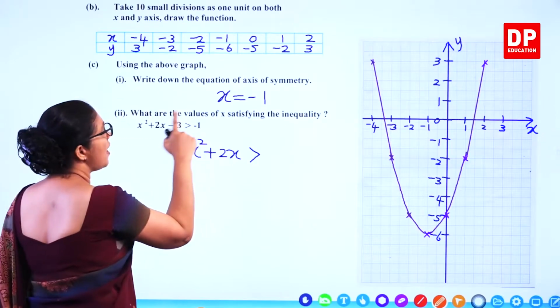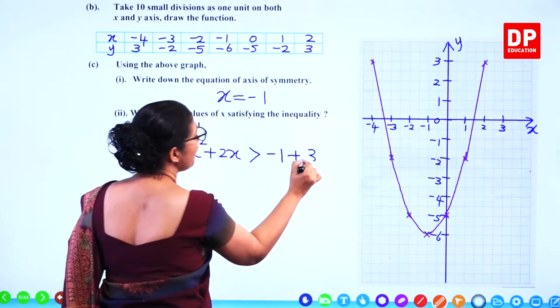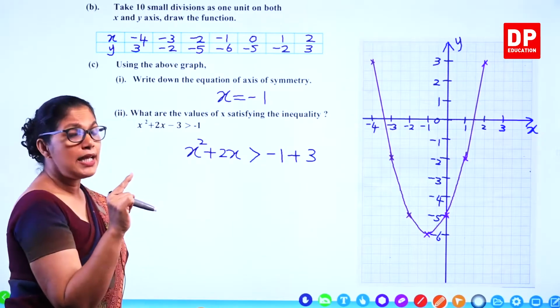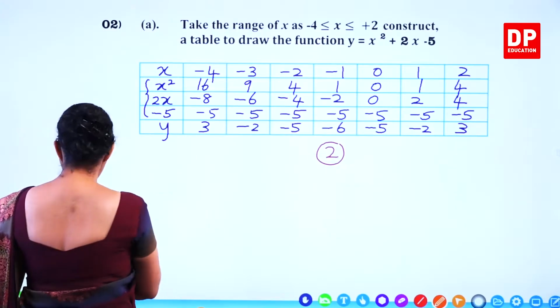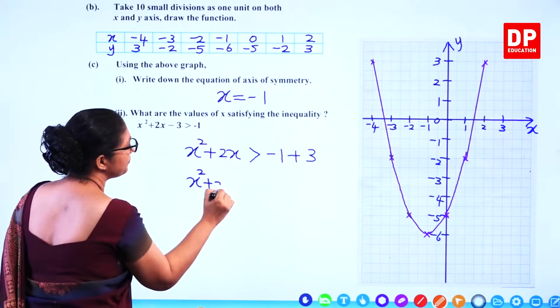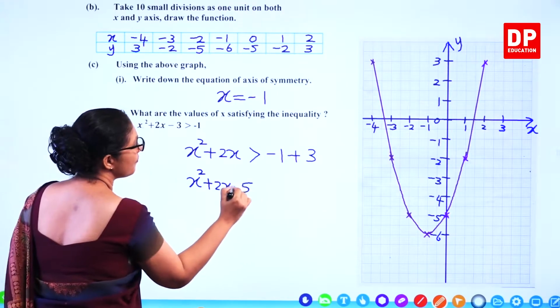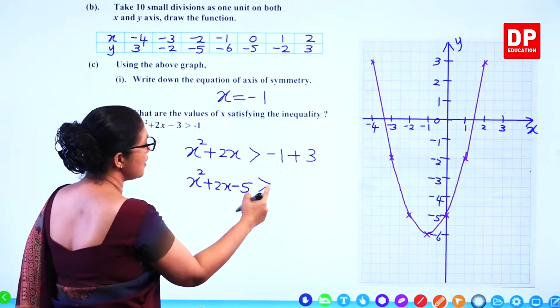Greater than -1 minus 3 plus 3. But we need x squared plus 2x minus 5. So we'll subtract 5 from both sides. Because we want the curve to find out the solutions for this equation.